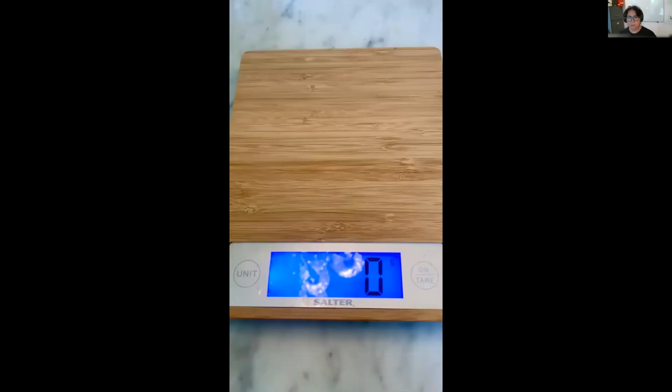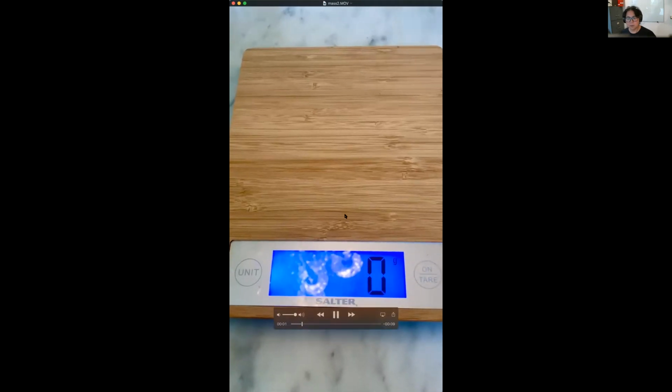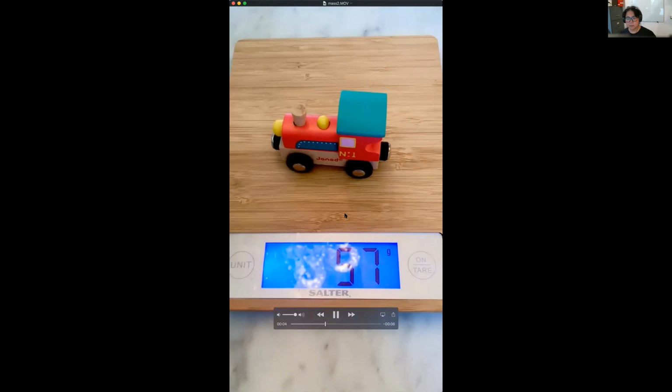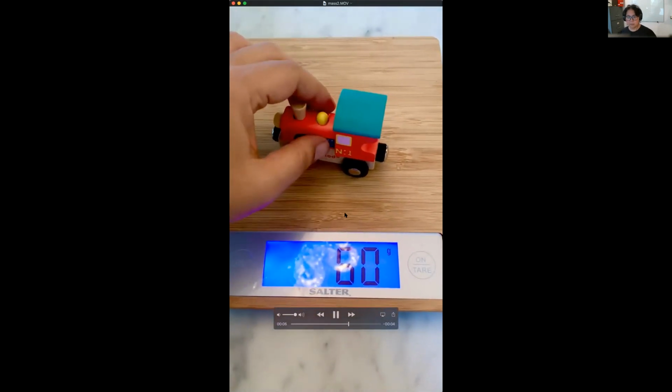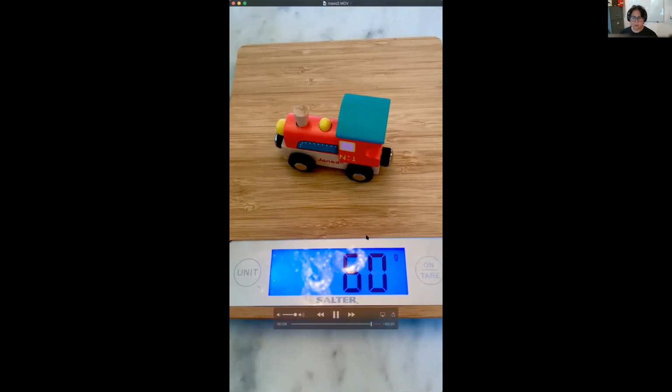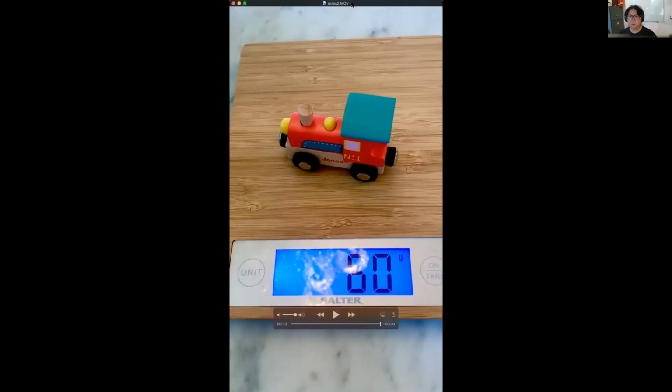I also measured another object. I'll share that with you. This is also 60 grams. Sorry about the reflection. So we have two objects that are the same mass.